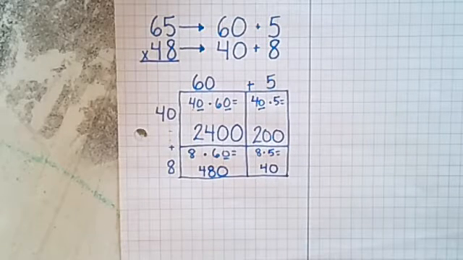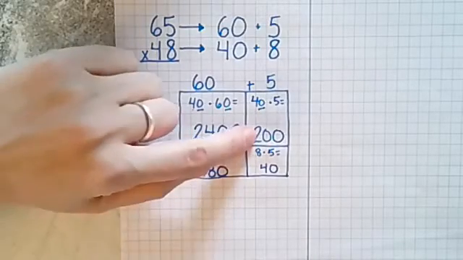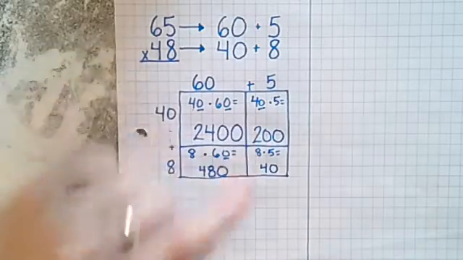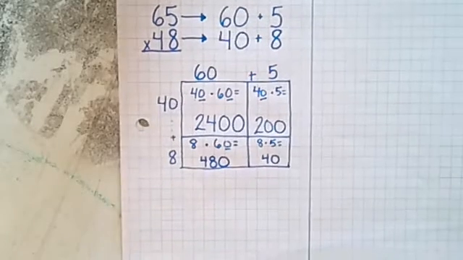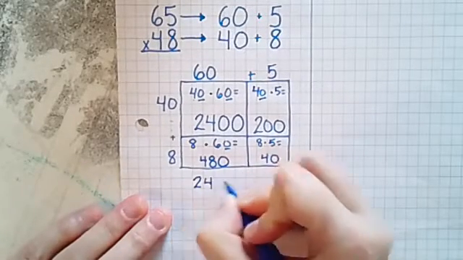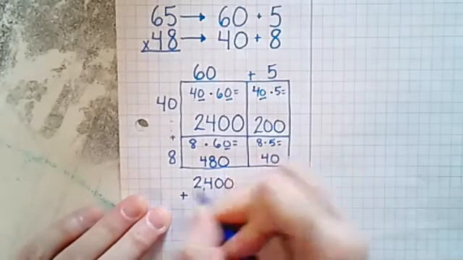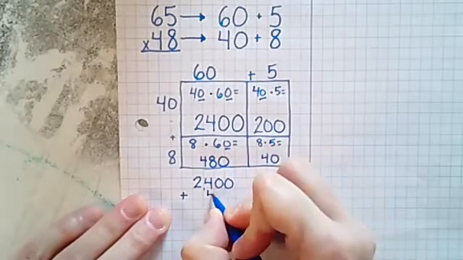Great. Okay, so now we're going to take the answers that we got in these boxes, and we are going to add them below the box. So I'm going to take this 2,400, and I'm going to add my 480 to it.